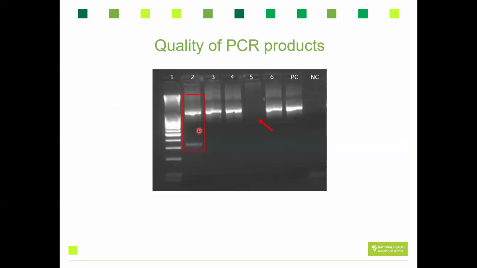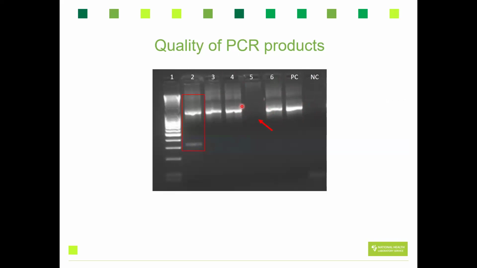Now I just want to come back to some of the quality checks that we do. This is a PCR gel from our lab. Number 5 is no amplification. If you get a report saying no amplification obtained, this is why. It means there was not enough material in the sample to amplify the region that we want to sequence, and therefore we cannot give you a sequence.